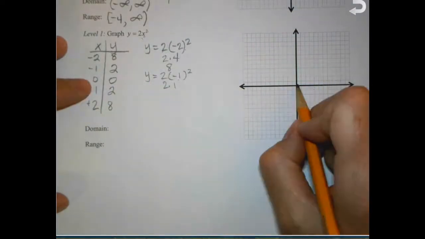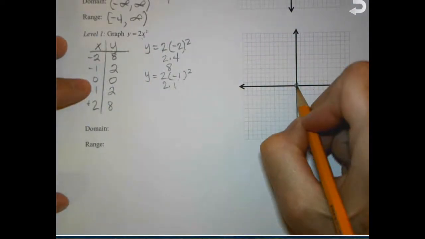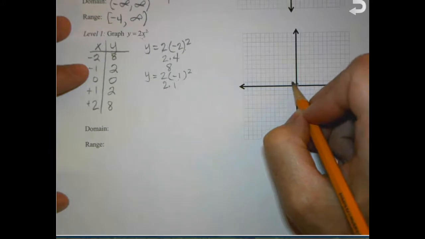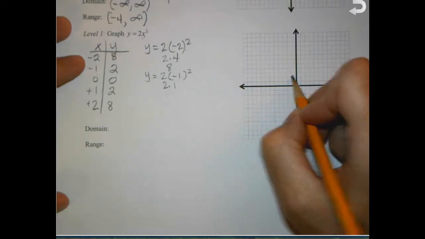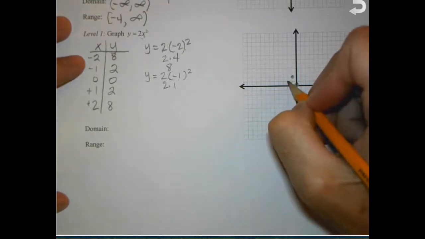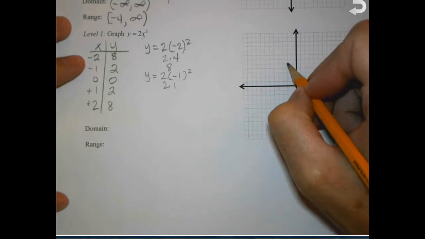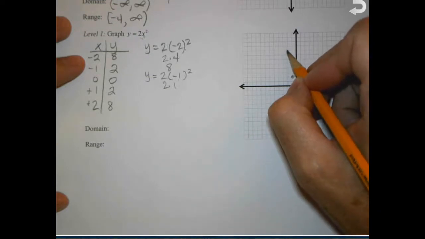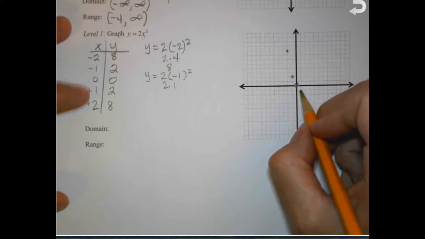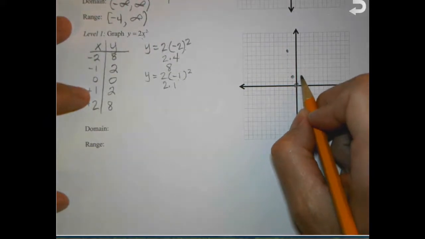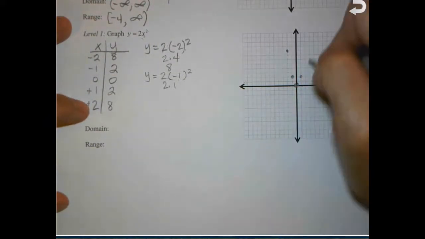Then I can graph 0, 0, I know that's my lowest point, negative 1, 2, negative 2, 8, way up there, and 1 comma 2, and 2 all the way up to 8.